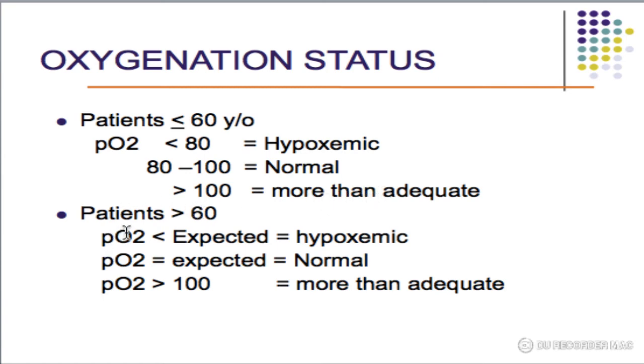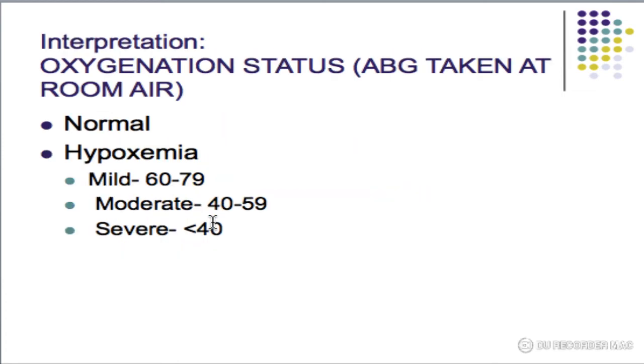And for a patient above 60, a PO2 below the expected value is hypoxemic. The normal base is 80 minus the age over 60, and then a PO2 above 100 is more than adequate. So the formula is different if the patient is more than 60 years old.